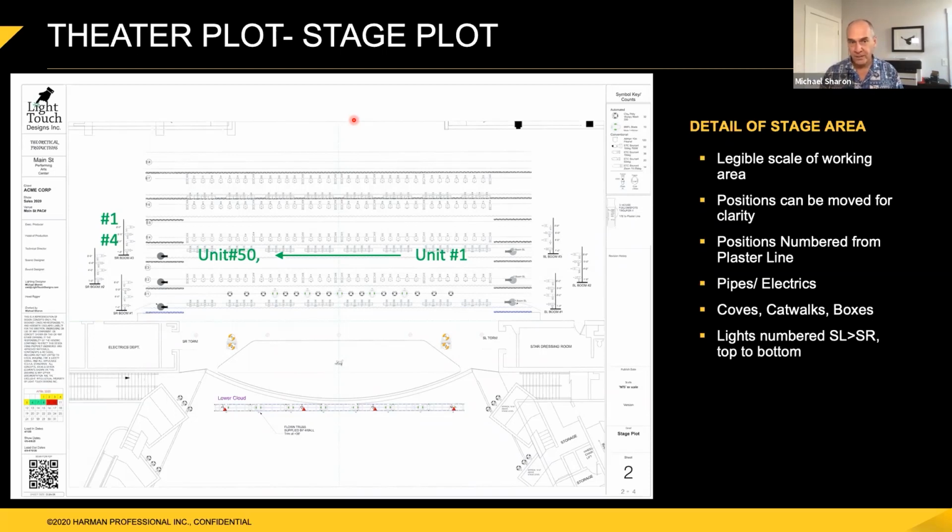Talk to your head electrician. Talk to your programmer. If you're sending it out on tour, there might be a lighting director going out with it. Talk to them. What makes them feel comfortable, on some system that makes sense? Because ultimately, it's all about passing on the information to somebody else. And if you can make it easy for somebody else to understand it, then you're ahead of the game.